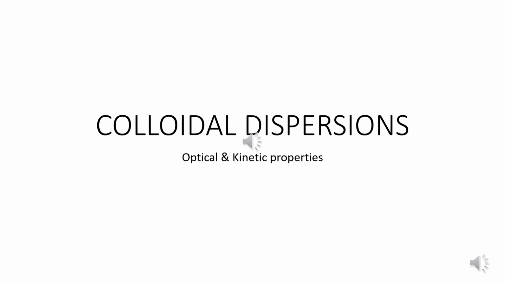Next, examples of colloidal systems. Colloids are mainly found in our everyday life and in pharmaceutical systems. Some examples include milk, which is a liquid in liquid emulsion; fog, which is liquid in gas type; smoke; and gels like jelly.